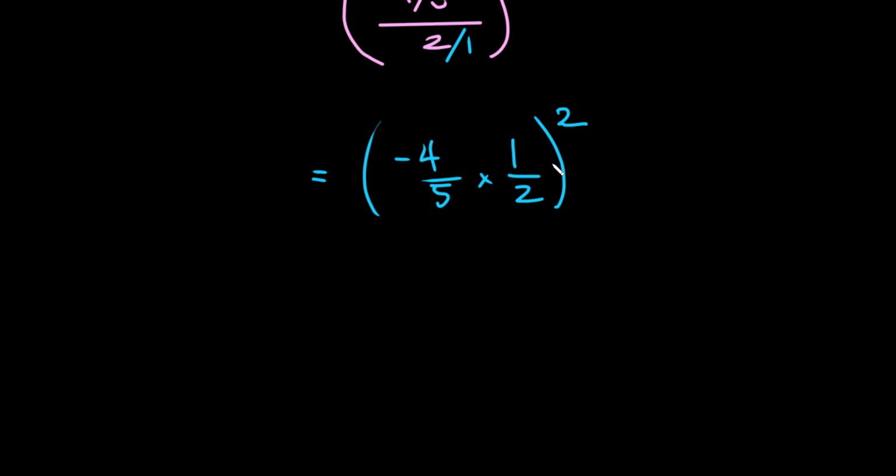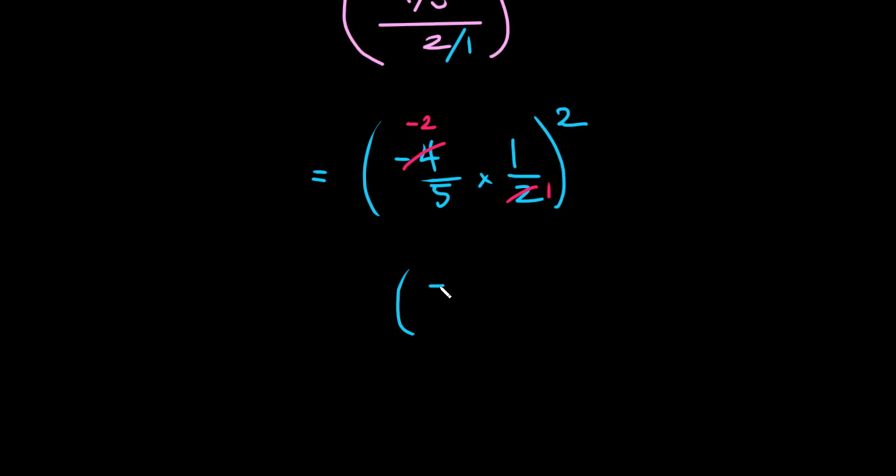Here, we're going to have negative 4 times 1 gives you negative 4. And 5 times 2 is 10. Or what am I doing? Hold on. Wait a second. I told you in the last video, cross cancel if you can. We can cross cancel here. Divide negative 4 by 2, you get negative 2. Divide 2 by 2, you get a 1.